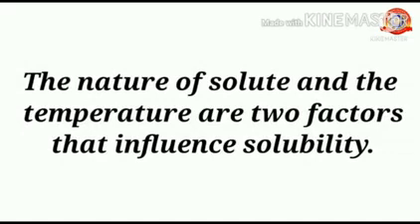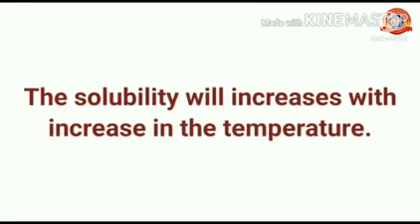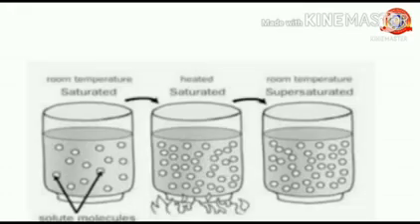The nature of the solute and the temperature are the two factors that influence solubility. That means the solubility will increase with increase in temperature. That means when we add some ammonium chloride and salt into the saturated solution of ammonium chloride and salt respectively, and when we heat, the solubility of both of them will increase.